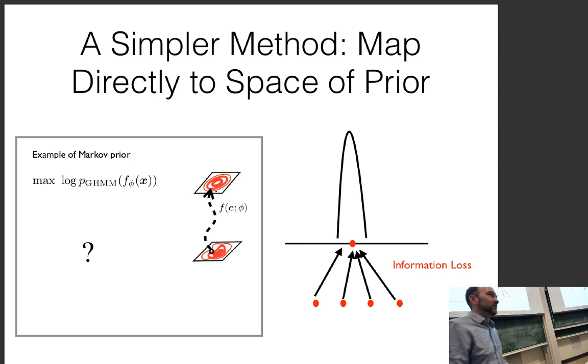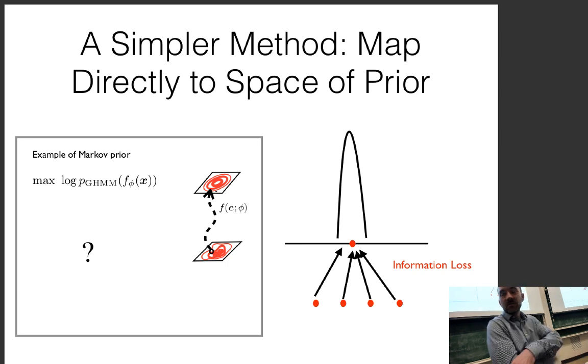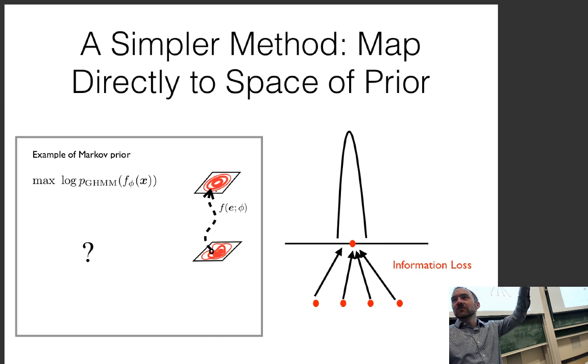The problem with this, however, is there's a really simple degenerate solution that can give you infinite likelihood, which is map everything to 0, and then train a Gaussian with a mean of 0 and 0 variance.